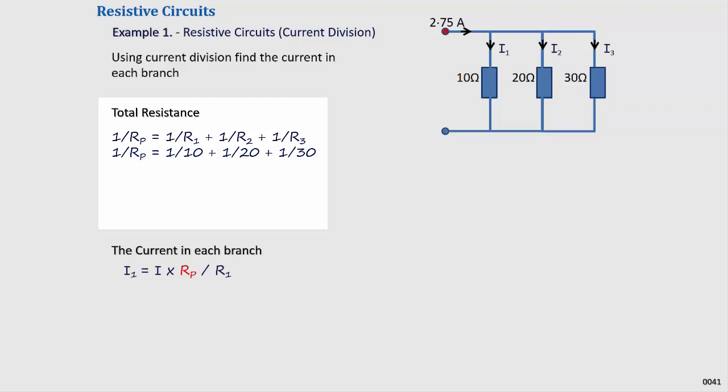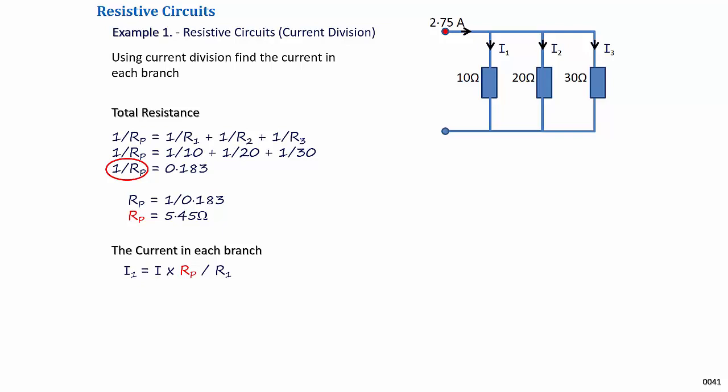Substituting the values, 1 over Rp equals 1 over 10 plus 1 over 20 plus 1 over 30, which equals 0.183, the reciprocal of Rp, not Rp. So Rp equals 1 divided by 0.183. Therefore, Rp equals 5.45 ohms.